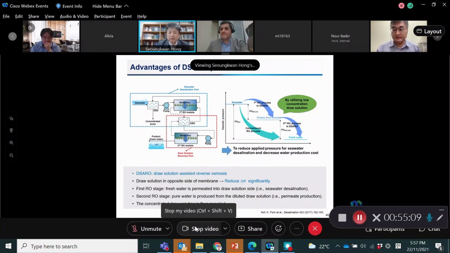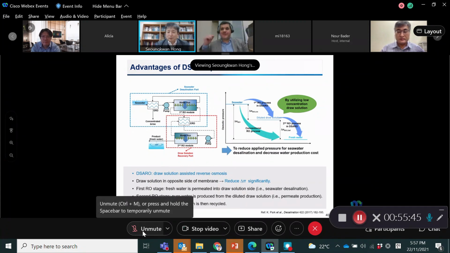Technologically, yes, I think the PRO process can be commercialized, but I don't know whether or not this will become mainstream for seawater desalination because it requires a large amount of additional low salinity stream, normally obtained from a wastewater treatment plant. So co-location of wastewater treatment plants and seawater desalination plants is required for commercialization of this technology. Thank you. Good feedback.